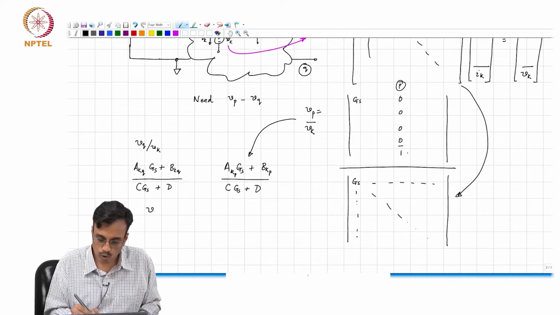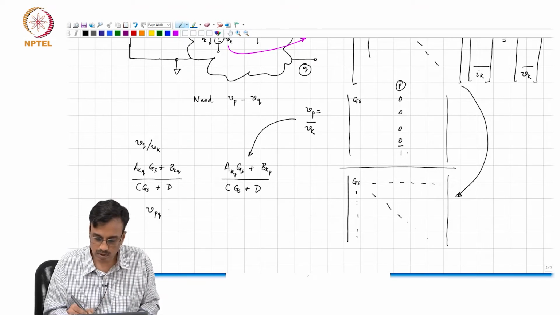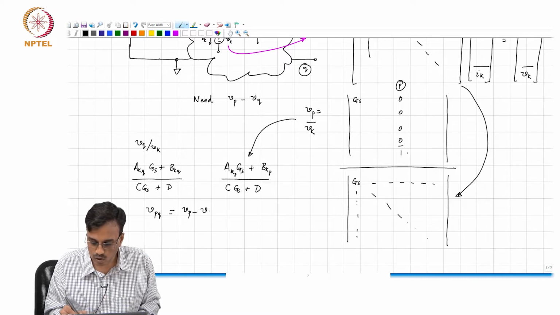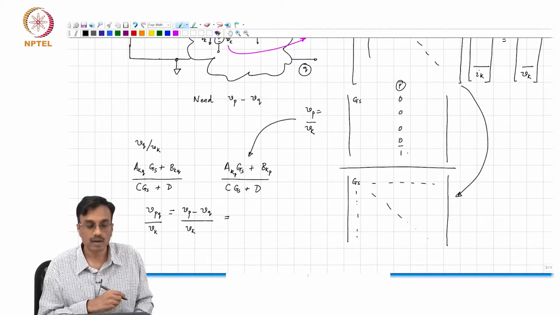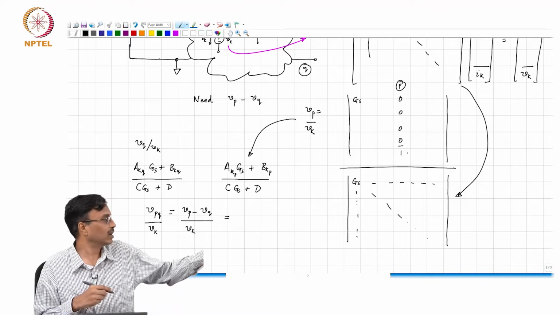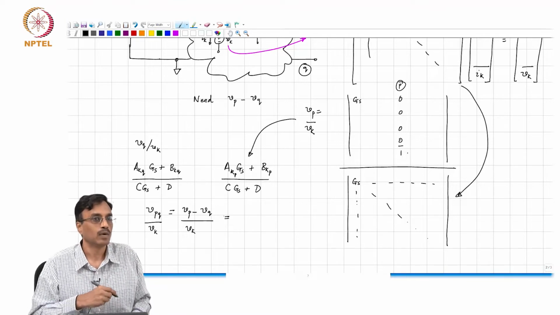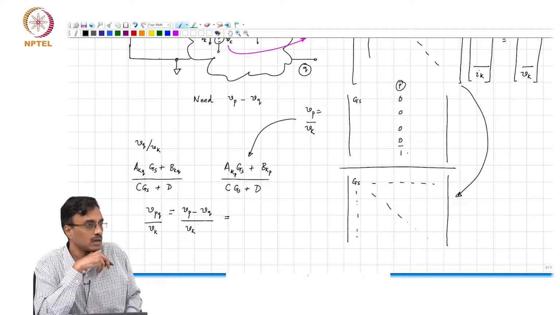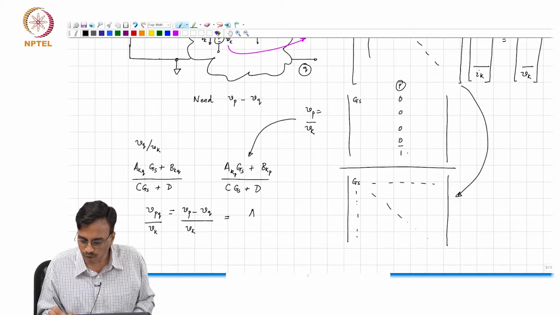therefore, if you do VPQ, which is Vp minus Vq by Vk, what do you think the form of this will be? It will be again of this form.